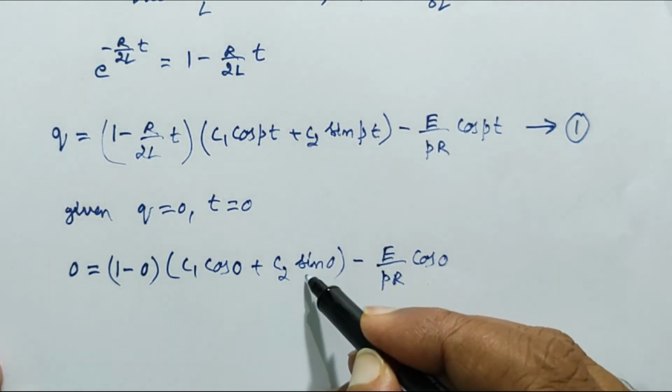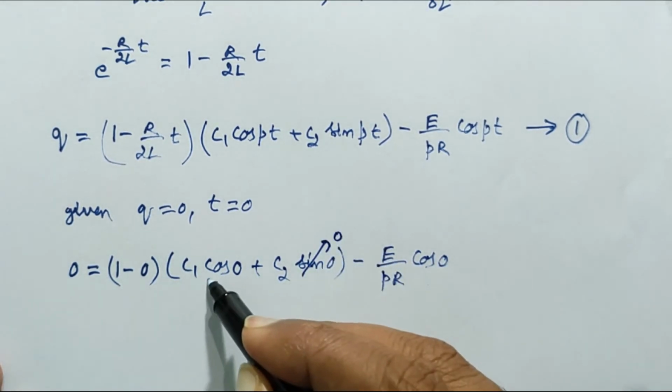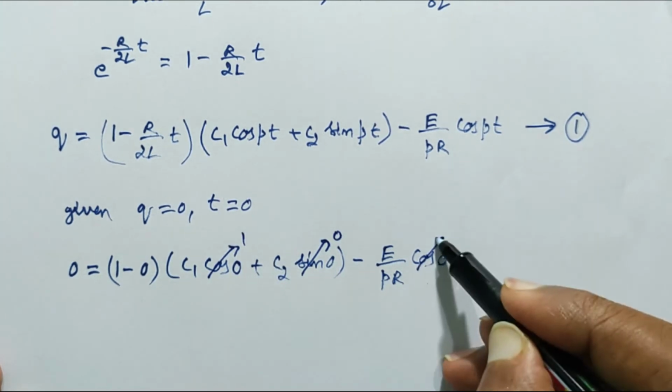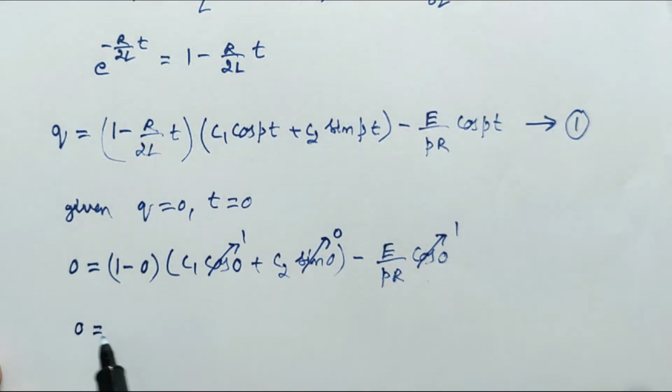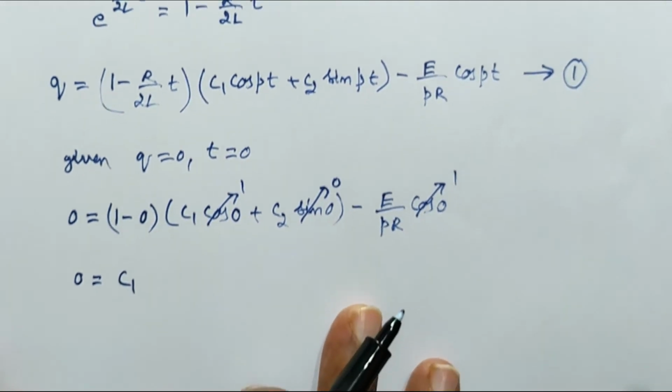You know sine 0 is 0, whereas cos 0 is 1, so you just have C1.